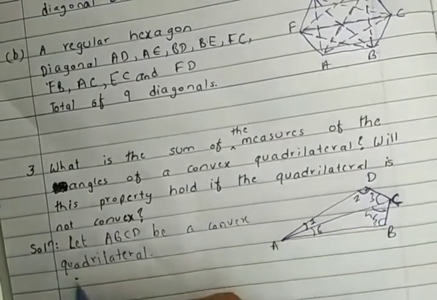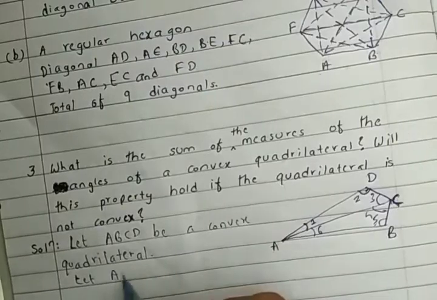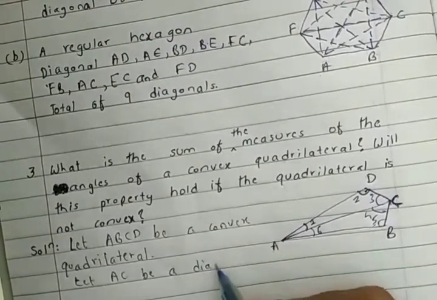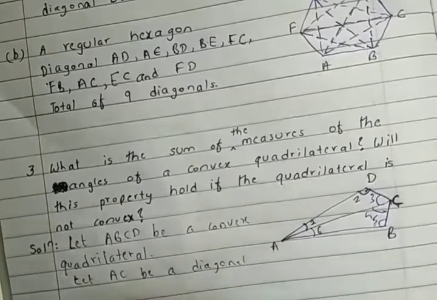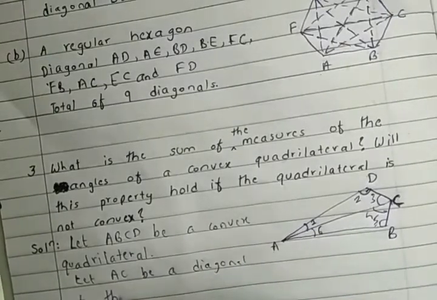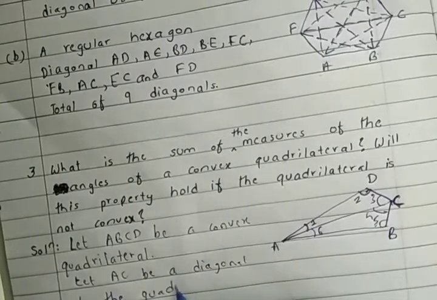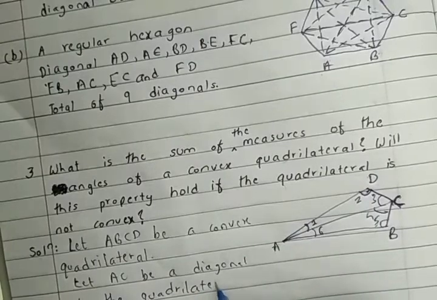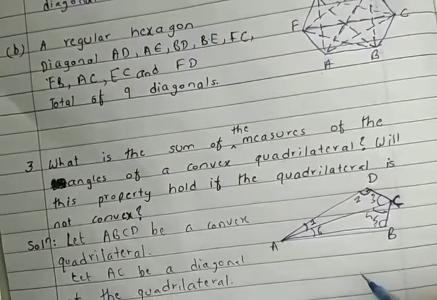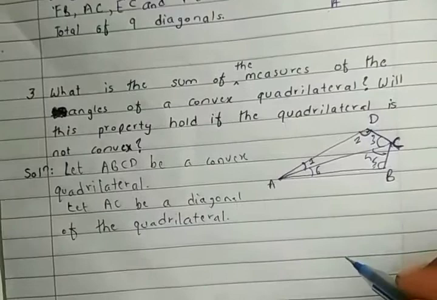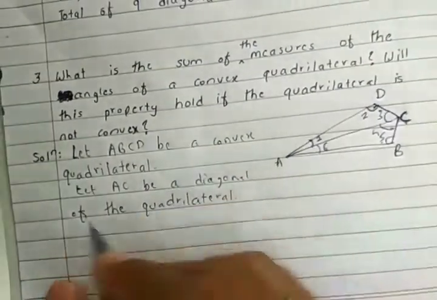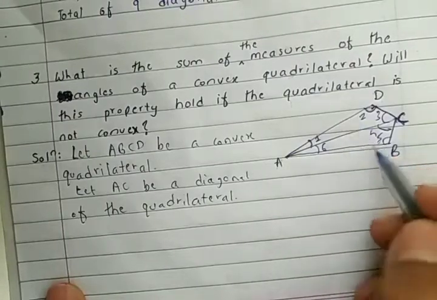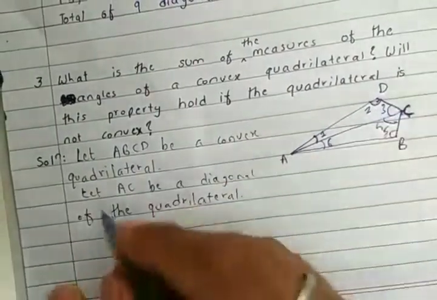Let AC be a diagonal of the quadrilateral. Now if we draw this diagonal AC, it will divide this quadrilateral into two triangles.